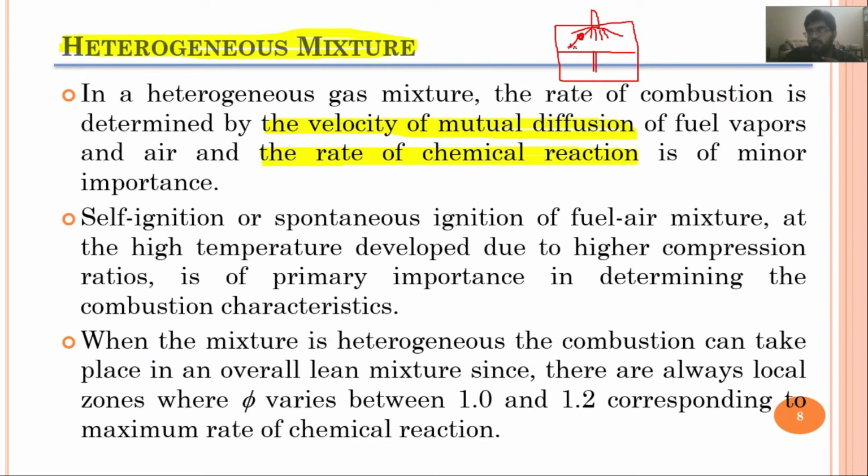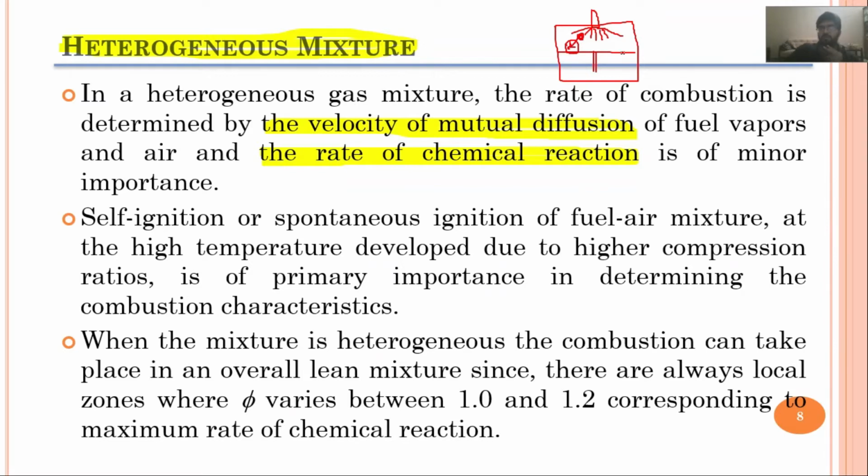When they reach here, they will provide the required amount of energy to this localized air fuel mixture. Then the fuel will self-ignite and combustion will occur at this location.